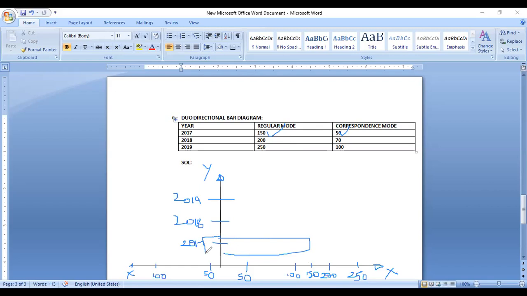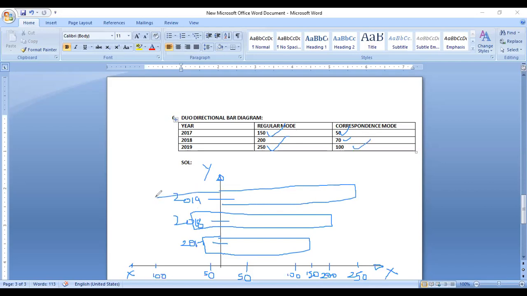So this side up to 50. In the year 2018, regular mode 200 joined, and correspondence mode 70 students joined. So it should be between 50 and 100. So I have taken here. In the year 2019, regular mode 250 students joined, and in correspondence mode 100 students joined.